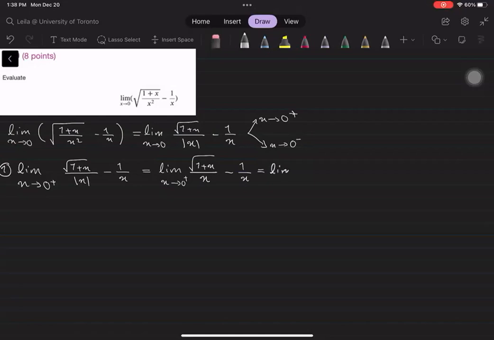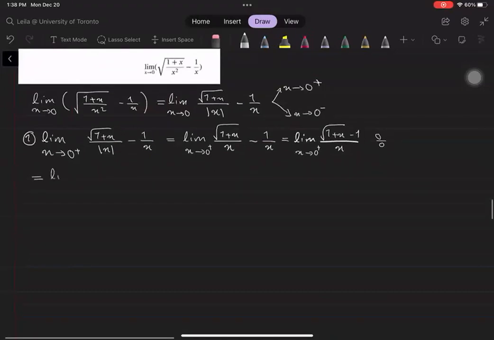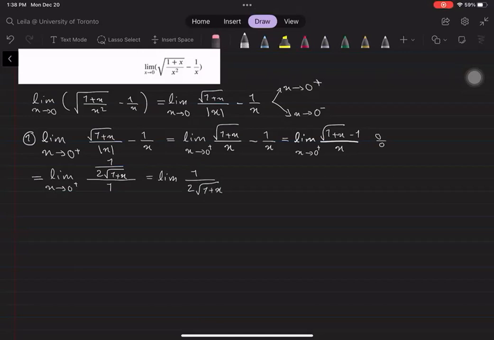Since this is 0 over 0, I'm going to use L'Hopital's rule, so your denominator is going to be 1, and then you have 1 over 2 square root of 1 plus x. So you have 1 over 2.